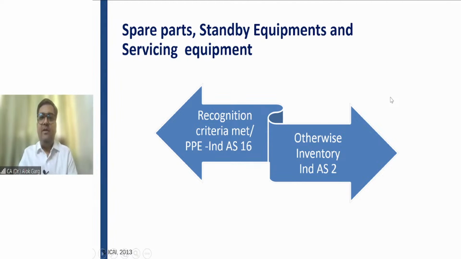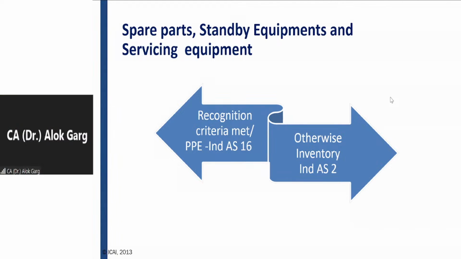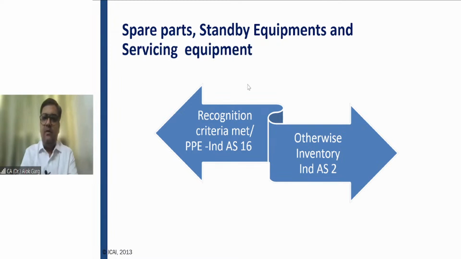So friends, the standard says that spare parts, servicing equipment, and standby equipment are recognized as PPE if they meet the recognition criteria and definition of PPE. If the spare part is a tangible item, the answer is yes.